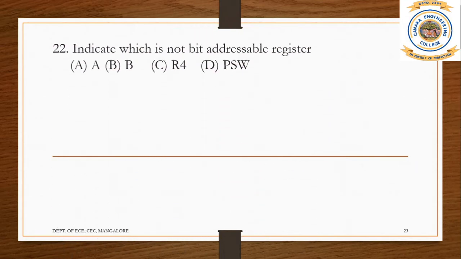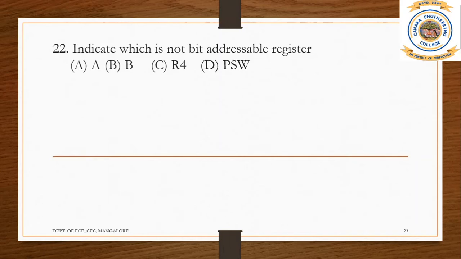So next question is, you have to indicate which is not bit addressable register. So when we talked about bit addressability in the previous question, it is necessary for you to remember which are the registers in 8051 that is bit addressable. Bit addressable means there is no need to copy or move the entire 8 bit together.